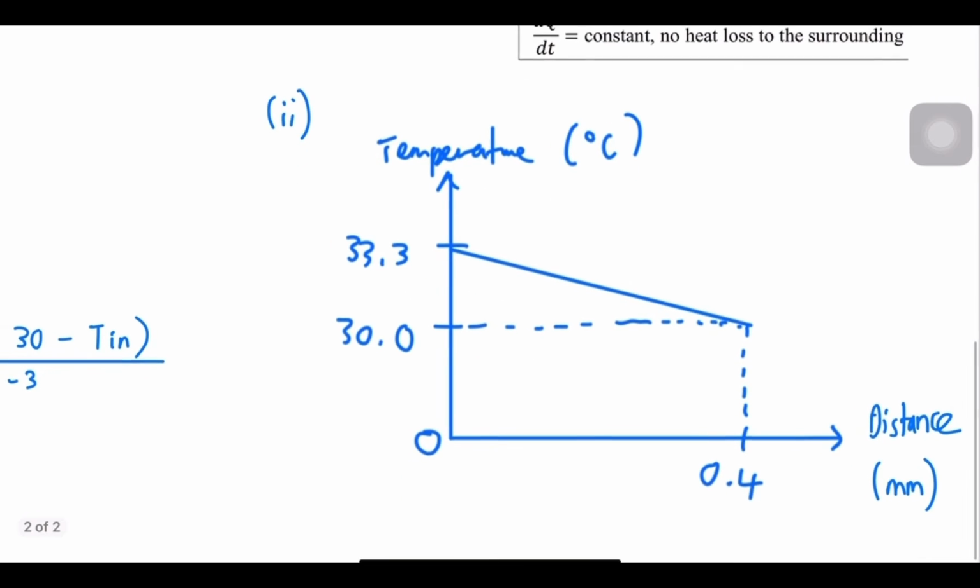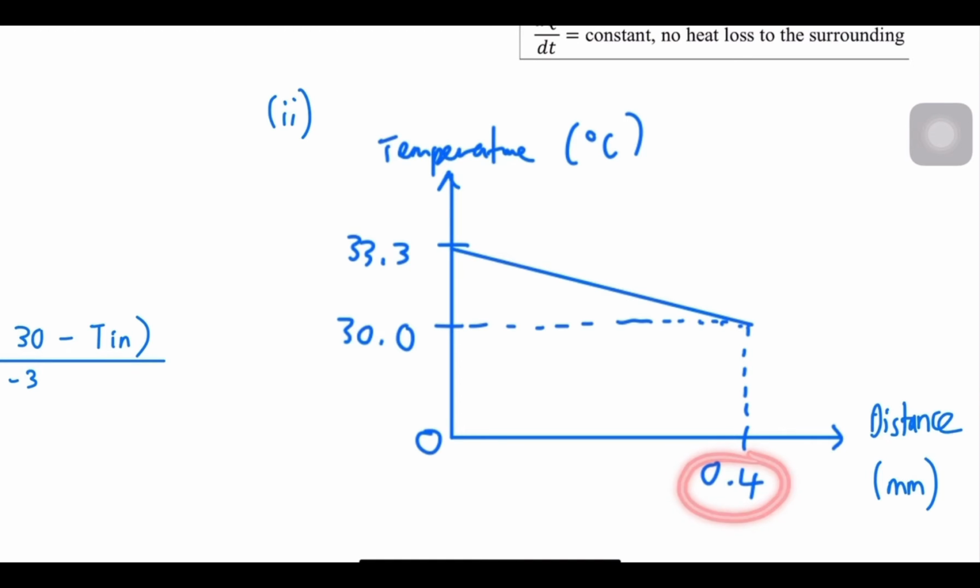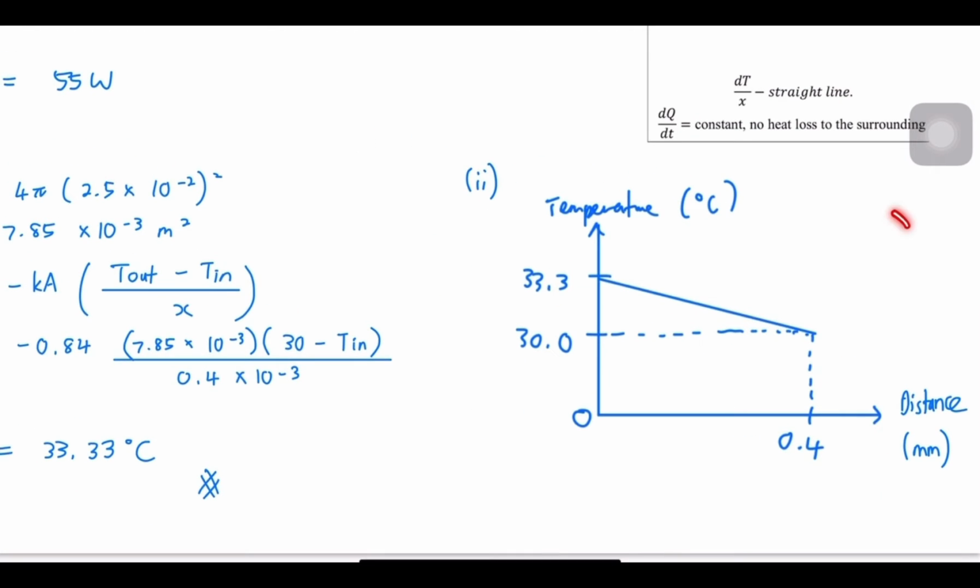We look at our graph, the initial temperature will be 33.3 and the final one will be 30 degrees Celsius, while the distance, which is also the thickness, is 0.4 mm. So here's the final graph.